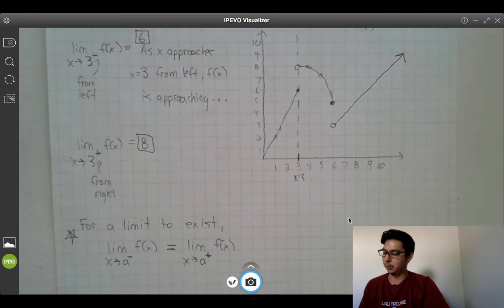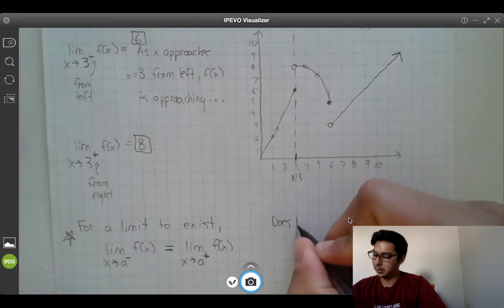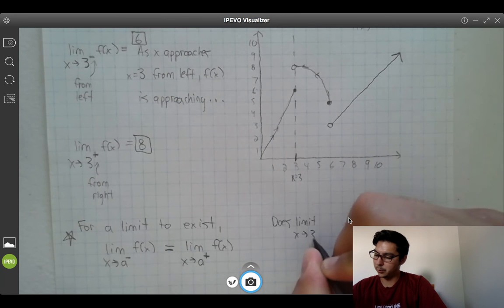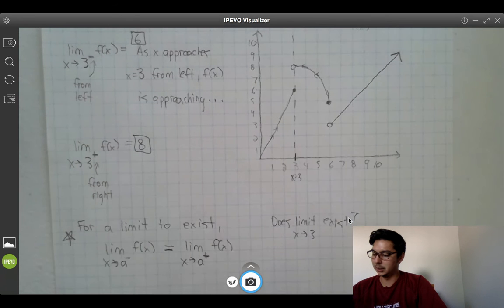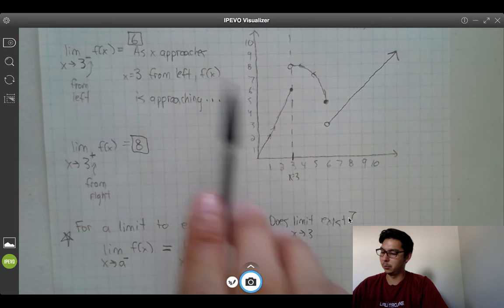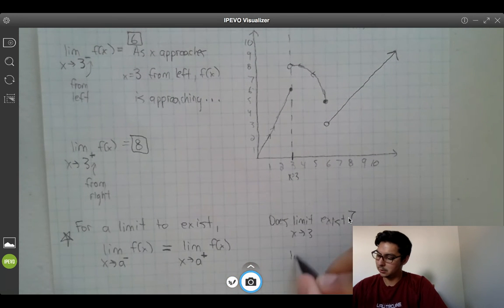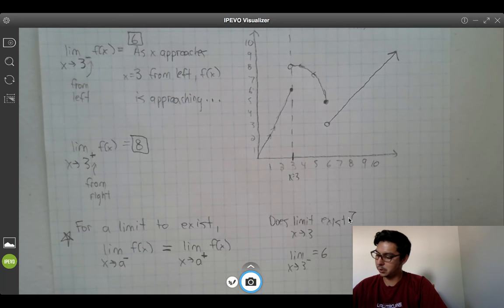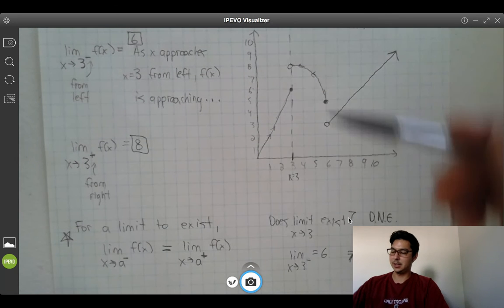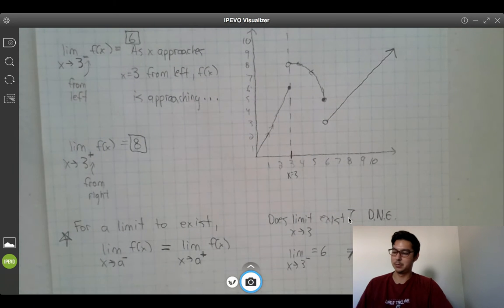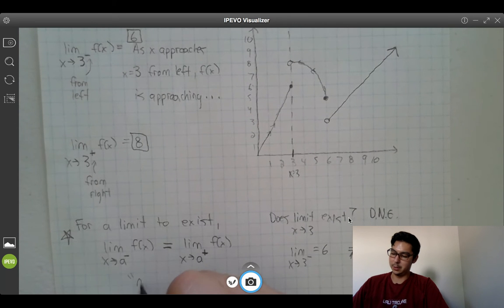So say, for example, if I asked you, does the limit as x approaches 3 exist? Well, let's see. The limit as x approaches 3 from the left was 6. The limit as x approaches 3 from the right was 8. And these are not equal, so thus this does not exist. And you can see that from the graph. If the limit were to exist, they would meet up at the same point.